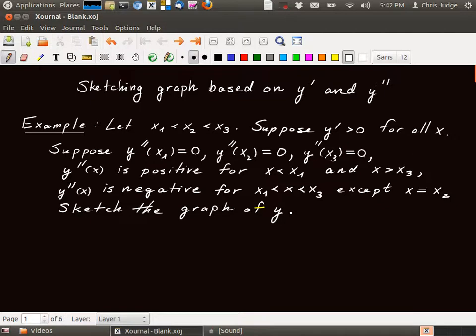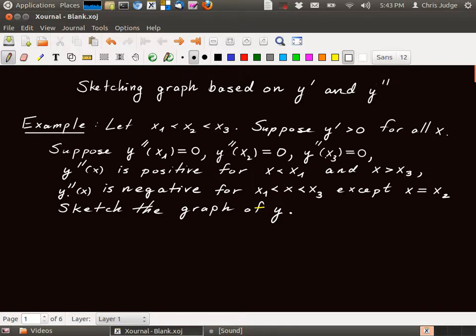What's more complicated is the information we'll be given about the second derivative. First of all, we'll be told that at x1, x2, and x3, the second derivative is going to be 0. Also, we're told that the second derivative is positive when x is less than x1 and when x is bigger than x3.